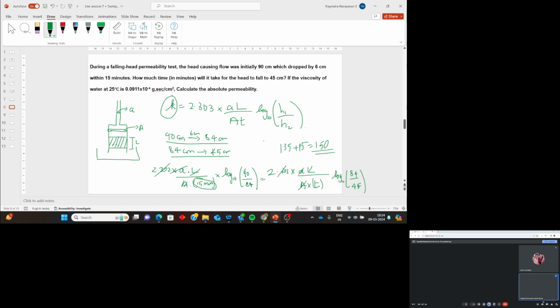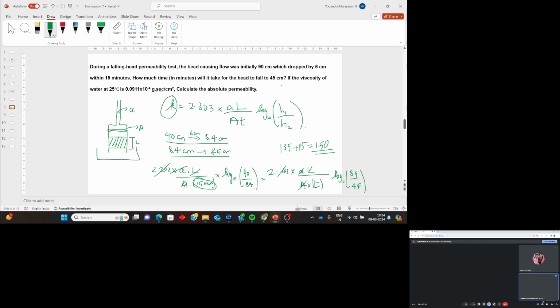Sir, I have a small doubt. In a question, how to find whether it is 90 to 45 or 84 to 45? In that case, the question will be given as how much time further it will take to fall to 45 centimeters.